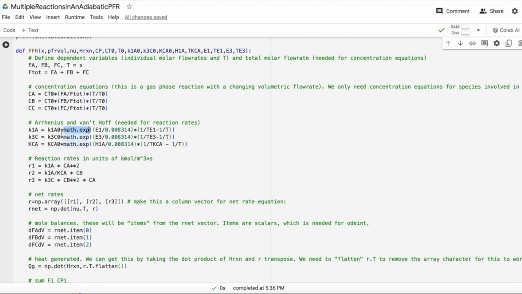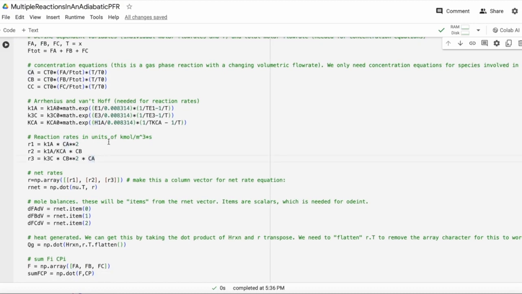You see here why, in my given information, I called these values with a 0, because that way here in the function I can call them without the 0. That just helps me see what's going on. These are just my Arrhenius forms of all of my different things. One thing to note here is I did bring in heats of reaction as a vector, but I also brought in this quantity for reaction 1 because I knew I needed that for my Arrhenius equation.